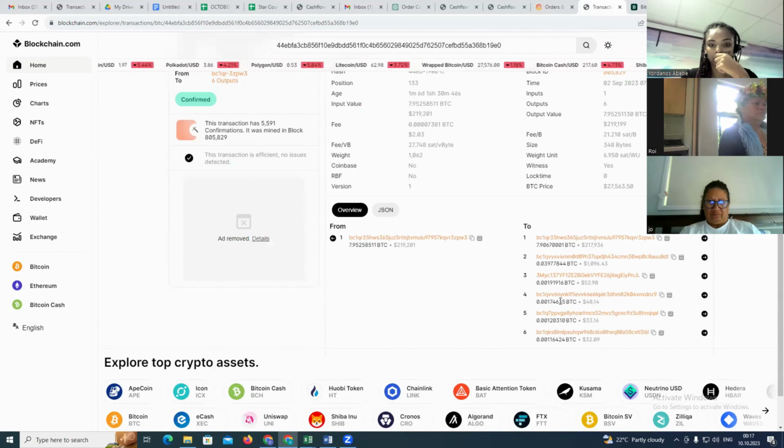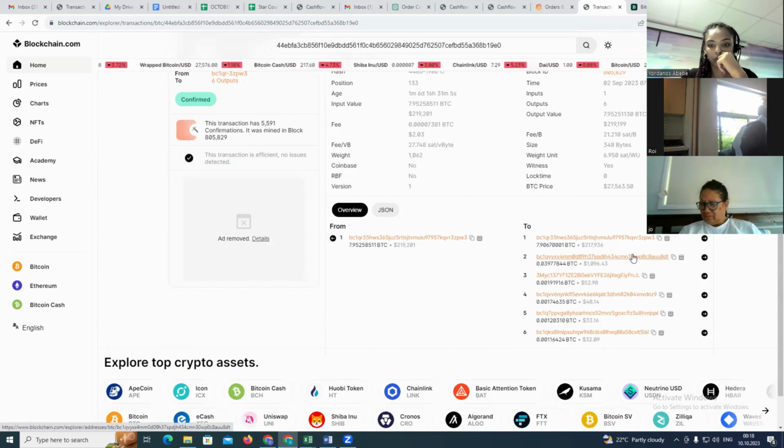So what you have to do is look for your wallet address, and as I said, write down the first 5 digits and the last 5 digits of your wallet address. You come to where the funds were sent, and you start looking for your wallet address.